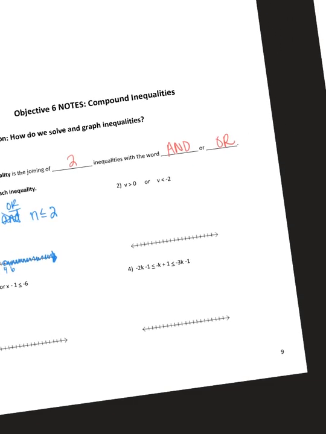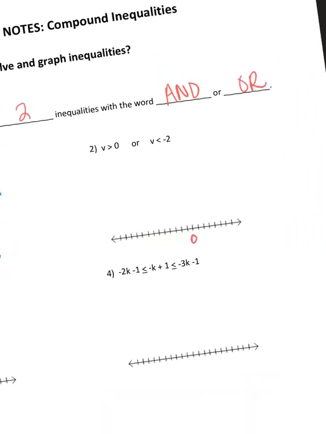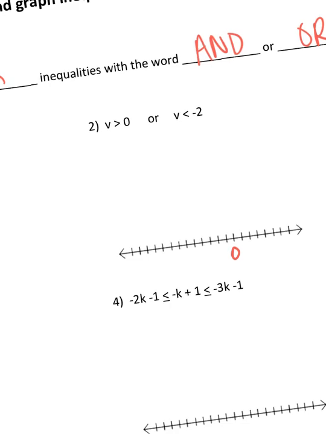In this one, this is another or compound inequality, and v is greater than 0, so we can label this 0. And we'll label this -1, -2, -4. So we need to label both sides, okay? And so we're going to graph v is greater than 0, so an open circle at 0. So we're going to shade to the right.